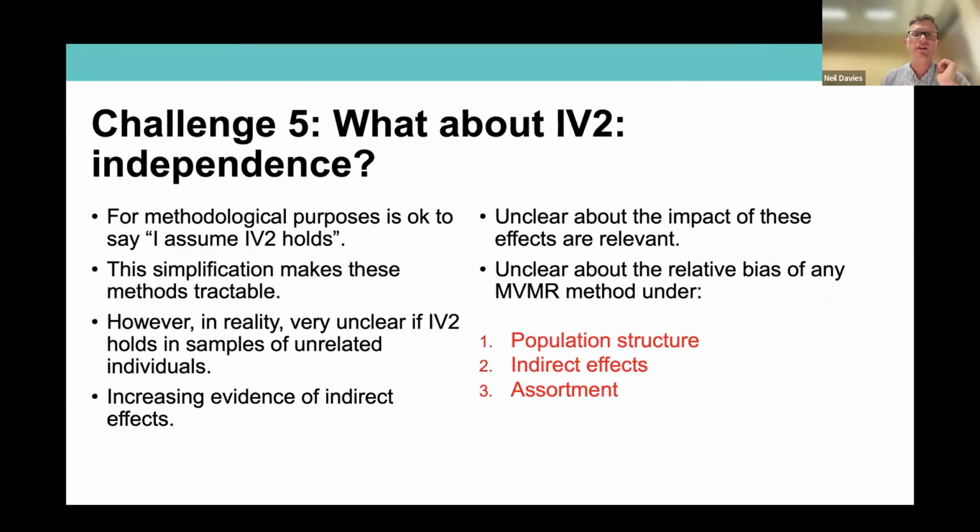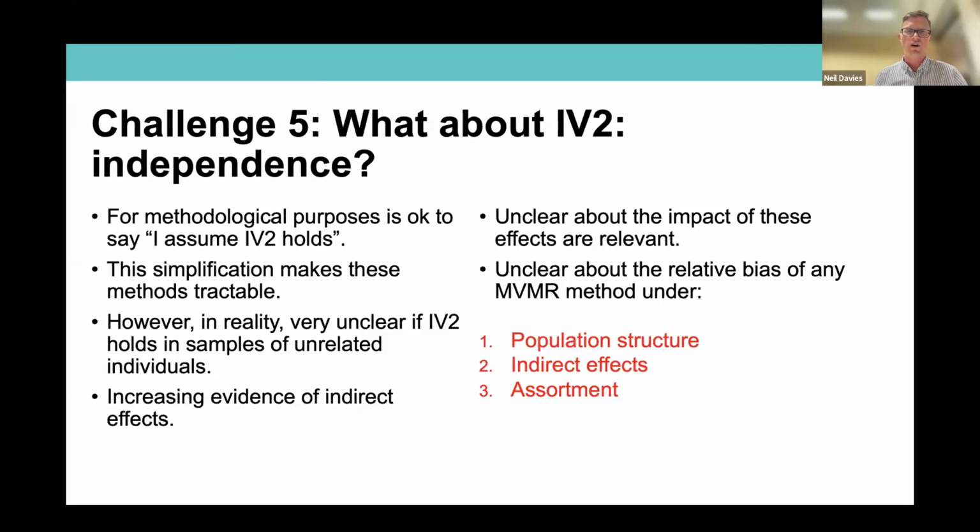And then a final challenge is just about IV2. Like a lot of the MR literature, this is the independence assumption. Like a lot of the IV literature, we assume that this assumption holds, that genetic variants don't have any confounders, and that what's true within a family also holds across the population. But there's quite a lot of recent evidence that IV2 is not as universal as we might like.